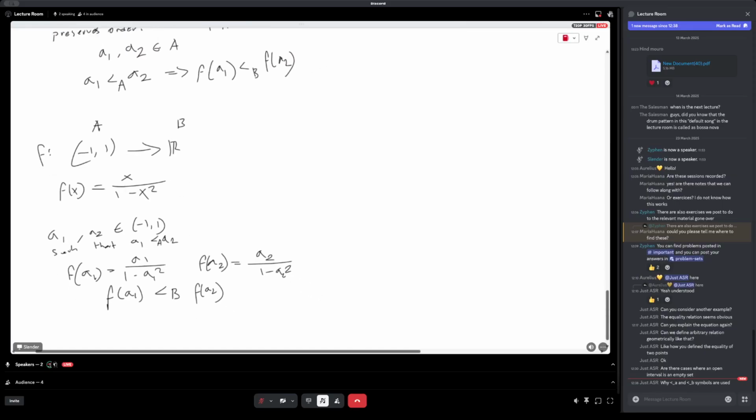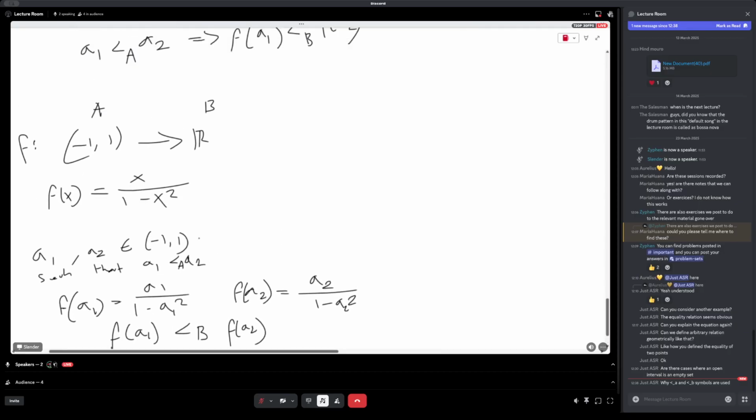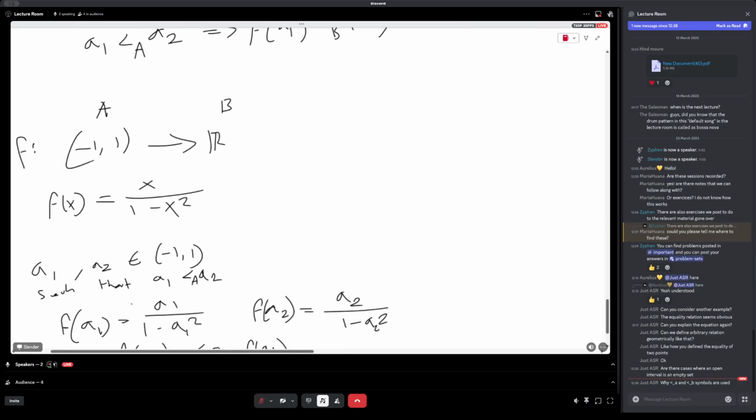Okay, so why are the less than sub A and less than sub B symbols used? I use these symbols to show that the set A has the ordered relation less than sub A, and the set B has the ordered relation less than sub B. They have two ordered relations that we denote by a different symbol to distinguish between them.